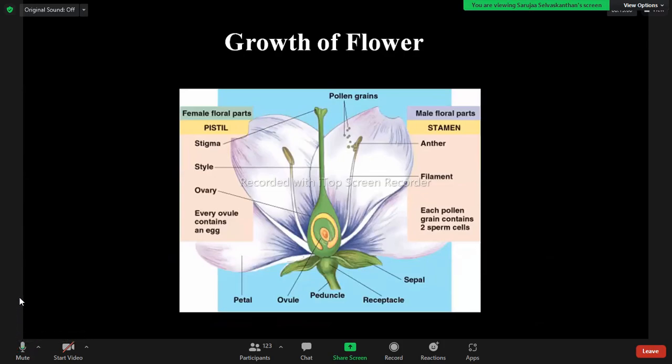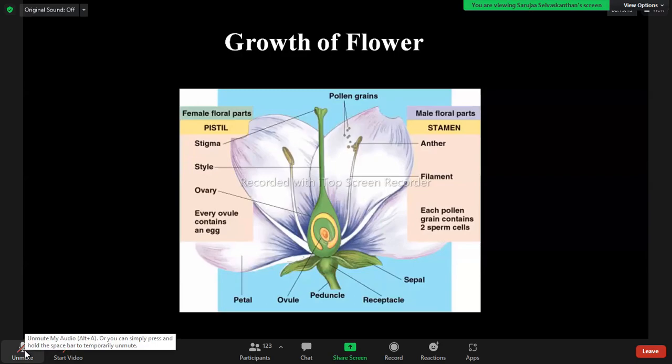Pumpkin. What else? Bitter gourd, snake gourd, butternut. Right? Example for the unisexual flower. Brinjal. Tomato. Chili, tomato.